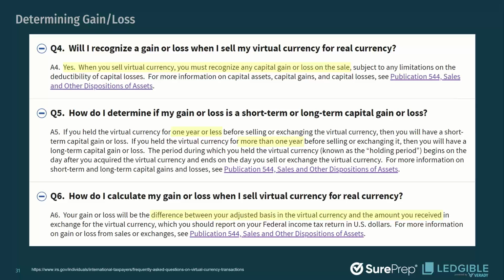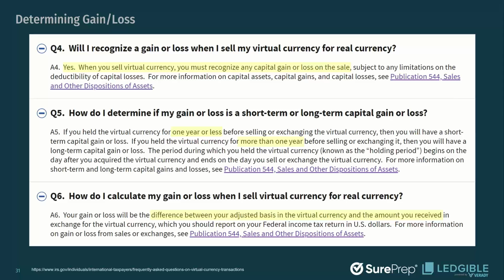Now, when we are looking to determine the gain or loss, as we talked about earlier, these are property. Crypto is considered to be property by the IRS, so it's going to be going for capital gain or loss treatment. The same thing from a timing perspective applies. If it's less than a year, it's going to be considered short-term. If it's more than a year, it's going to be considered long-term. And then calculating the gain or loss is the same as you would do for any other type of capital asset.